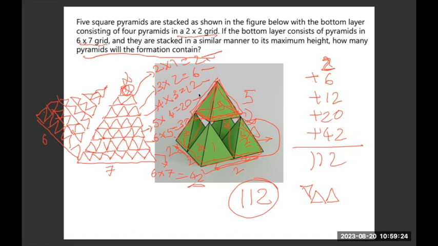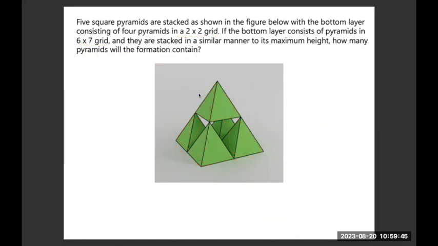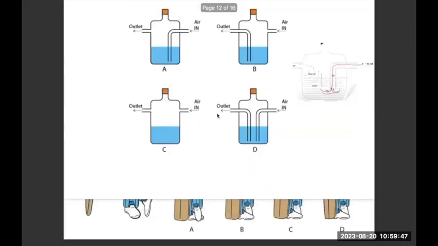Any doubts, any questions in this? If you have any doubts, you can ask me. It can be a little bit confusing, that's why I'm saying. Okay, fine. Let's move to the next one.